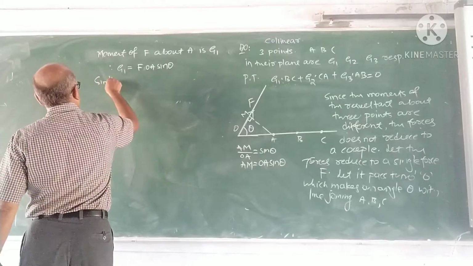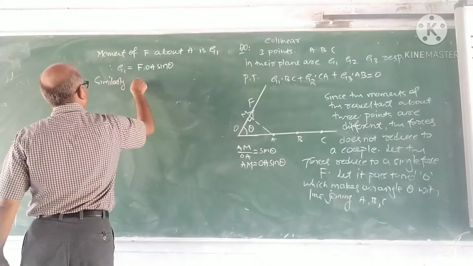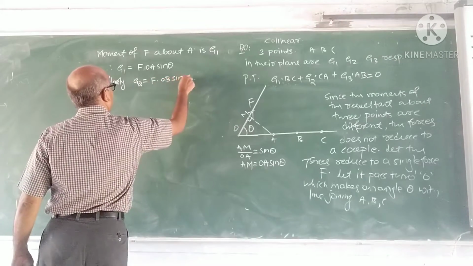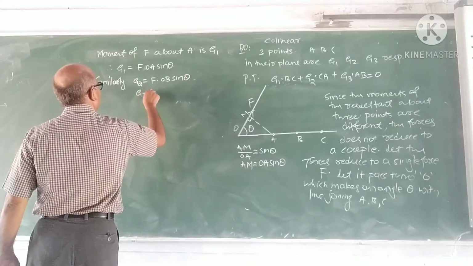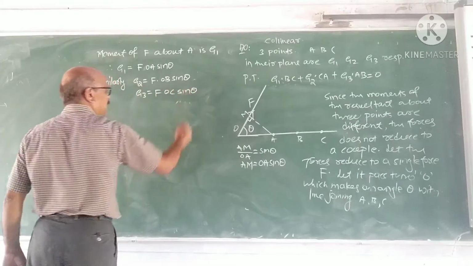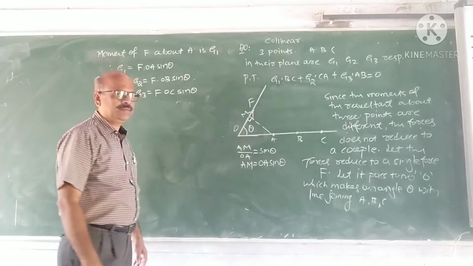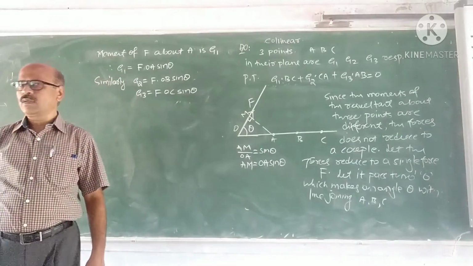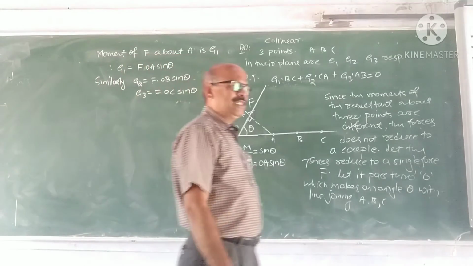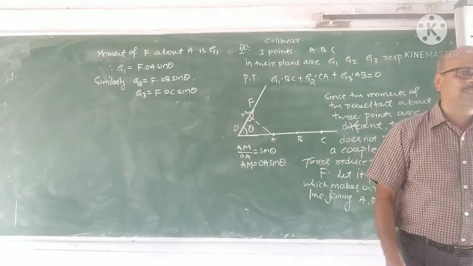Similarly, G2 is F into OB sin theta. G3 is F into OC sin theta. These are the moments, G1, G2, G3 are given by this.